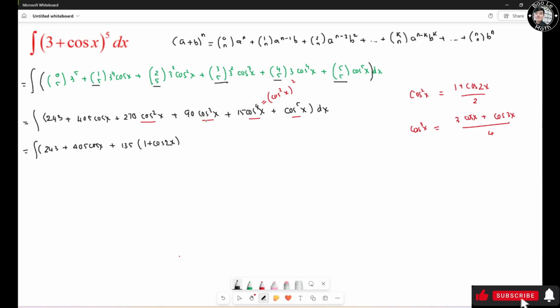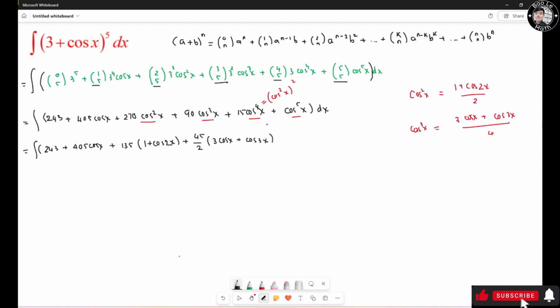Alright, this guy same thing. I have cosine cube s equals 3 cosine of s plus cosine 3s over 4, right? So I take 90, I divide by 4. It's gonna be 45 over 2 times 3 cosine of s plus cosine 3s, right?